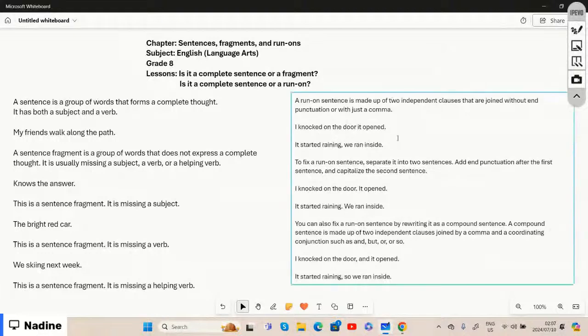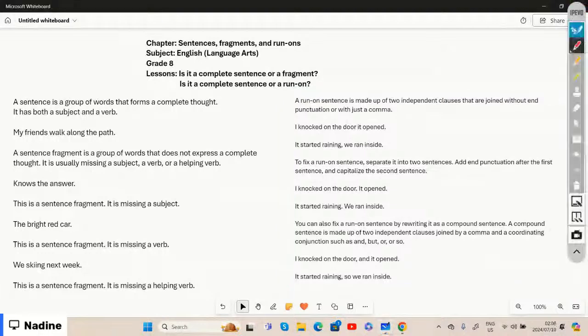All right, and if we look at an example of a sentence that is a group of words that forms a complete thought and has both a subject as well as a verb, here we have an example. It says, my friends walk along the path.